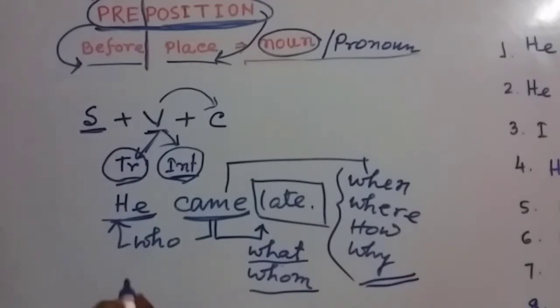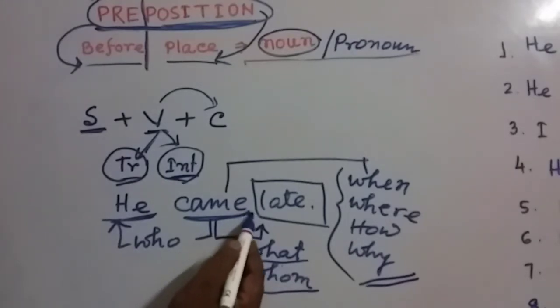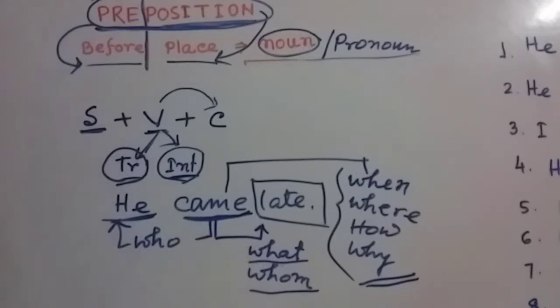My dear friends, these WH words are very much important to understand the English language. I would like to inform you that you should always prefer these WH words. Try to ask the verb by using these questions.